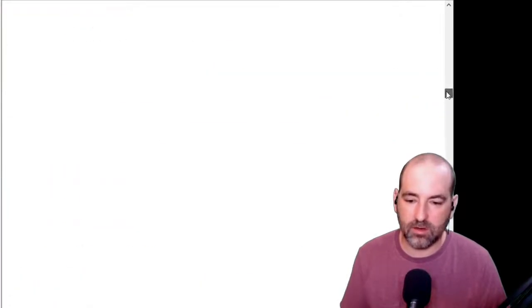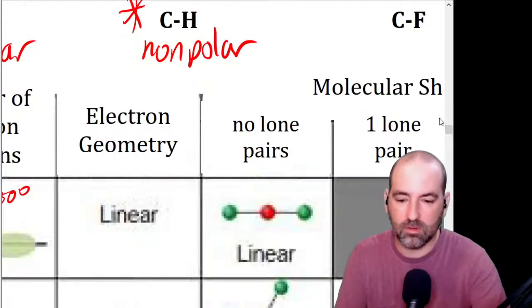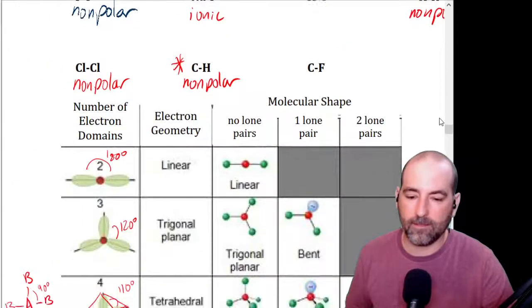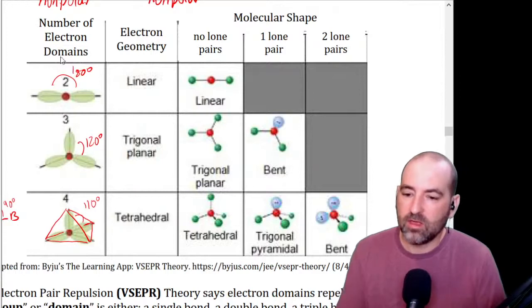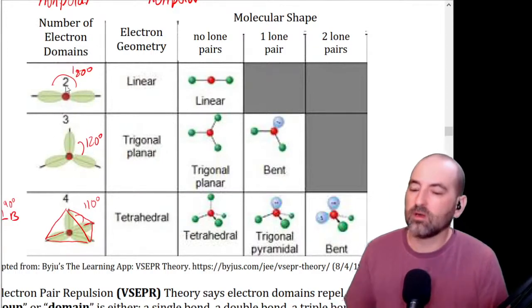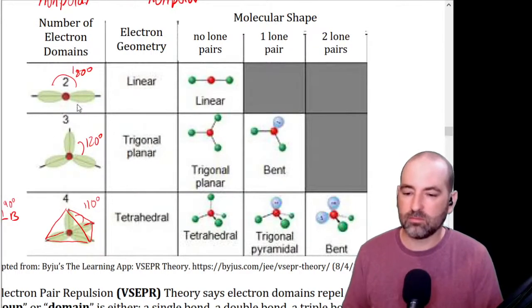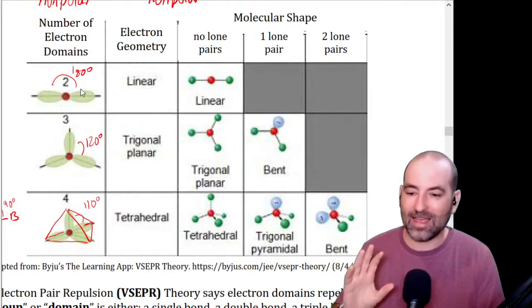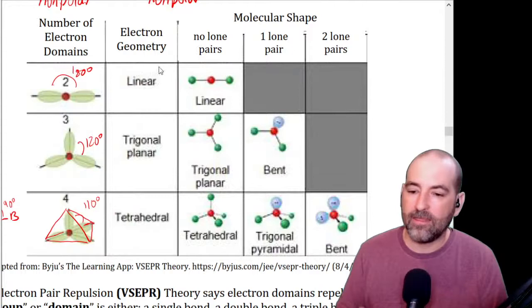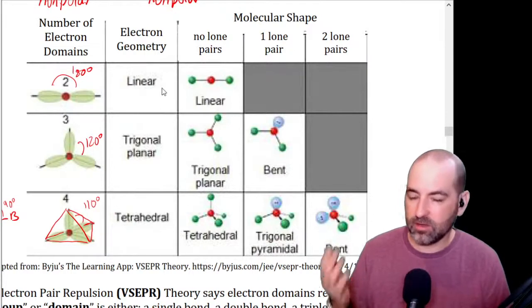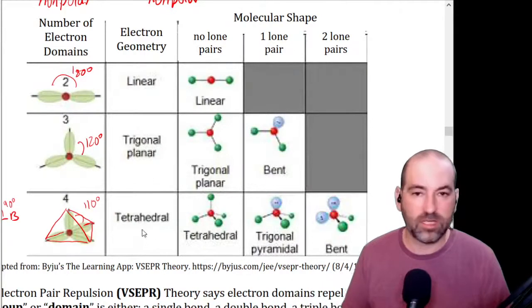So there's an example down here in the table again. And that's what the right side of this table is showing you. You can have 2, 3, or 4 total electron groups, including bonds and non-bonding electrons. And that gives you that overall geometry. There you have 3 choices: linear, trigonal planar, or tetrahedral.